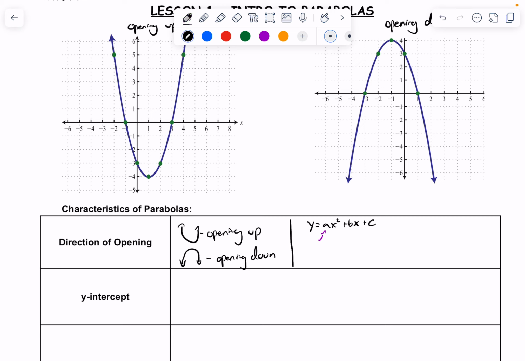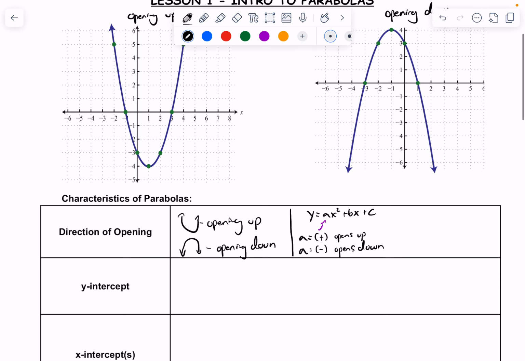So if a is a positive number, it opens up. If a is a negative number, it opens down, okay? It is that a value that determines the direction of opening, up or down.